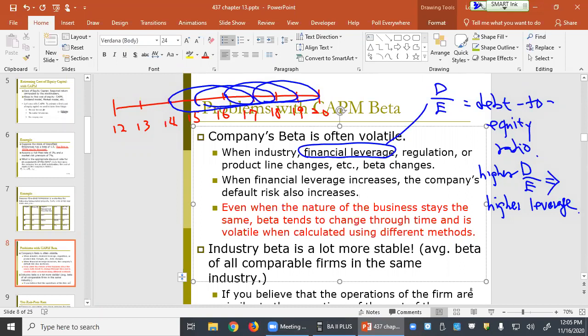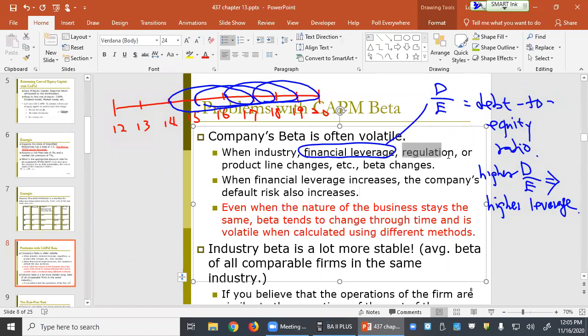Either way, whether you make money or not, you are obligated to pay. If you fail to pay your promised interest or whatever your payment obligation is, then you have defaulted on your creditors. So the higher debt the company has, the higher default risk it also has. When a company's financial leverage goes up, it's natural that the default risk goes up, and therefore it may impact the systematic risk of the corporation. That's understandable.